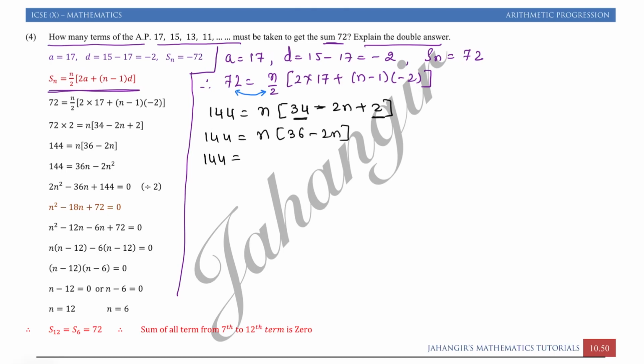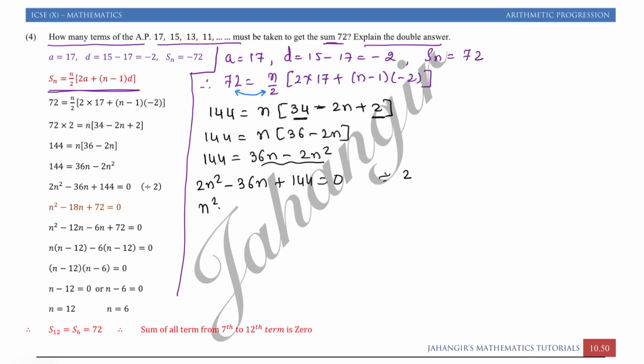144 is equal to 36n minus 2n square. Just shift this term to the left side so that n square becomes positive. 2n square minus 36n plus 144 is equal to 0. We will divide everything by 2.